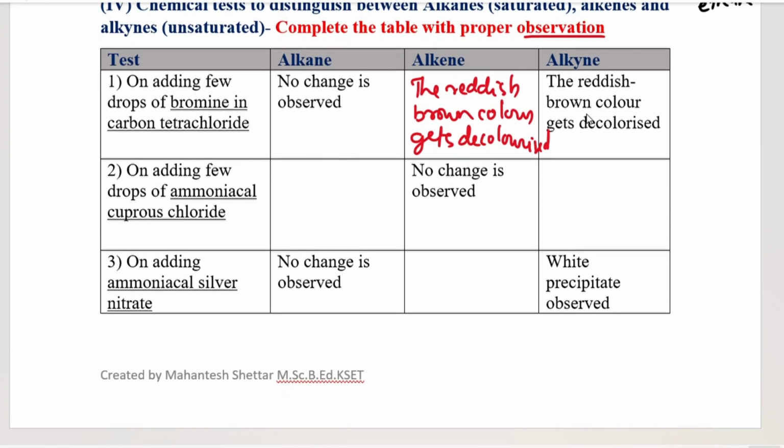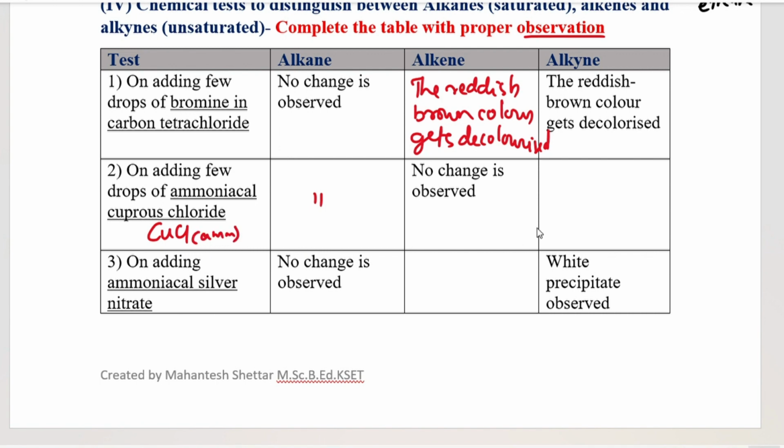Now alkane is done. What about alkene and alkyne? How do you distinguish between them? For that we have two tests. On adding a few drops of ammoniacal cuprous chloride, no change is observed for alkene. Cuprous is CuCl, not CuCl2, that is cupric. Ammoniacal means they dissolve this in ammonia solution.